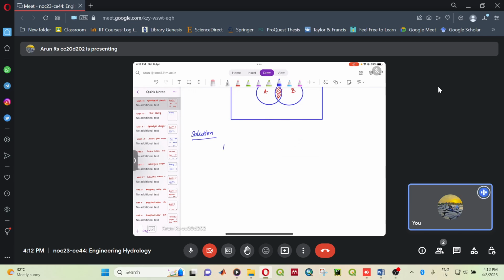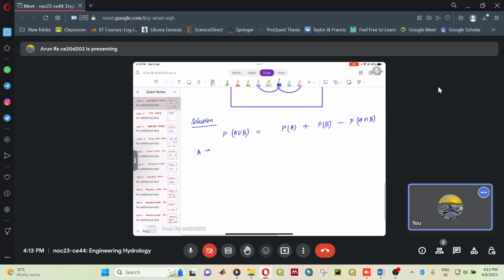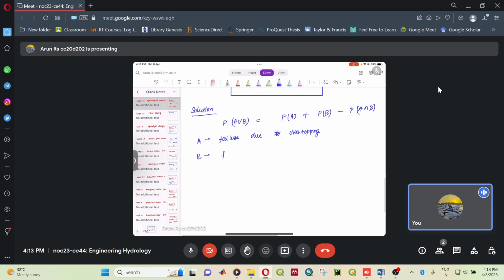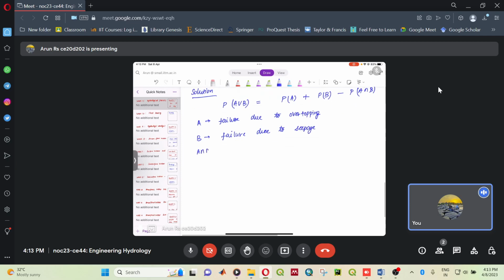So from this we can write probability of A union B can be written as probability of A plus probability of B minus probability of A intersection B. So here A refers to failure due to overtopping, B refers to failure due to seepage, then A intersection B is a simultaneous occurrence of both.